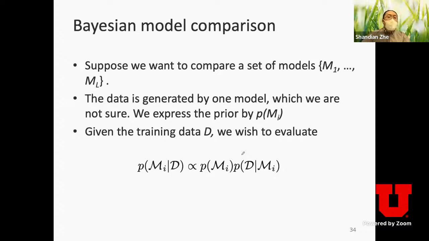Should I use neural networks or SVM, and so on, or logistic regression? You have a large number of models available. So a natural question will be, which model should we choose? Which model is better for this particular application?